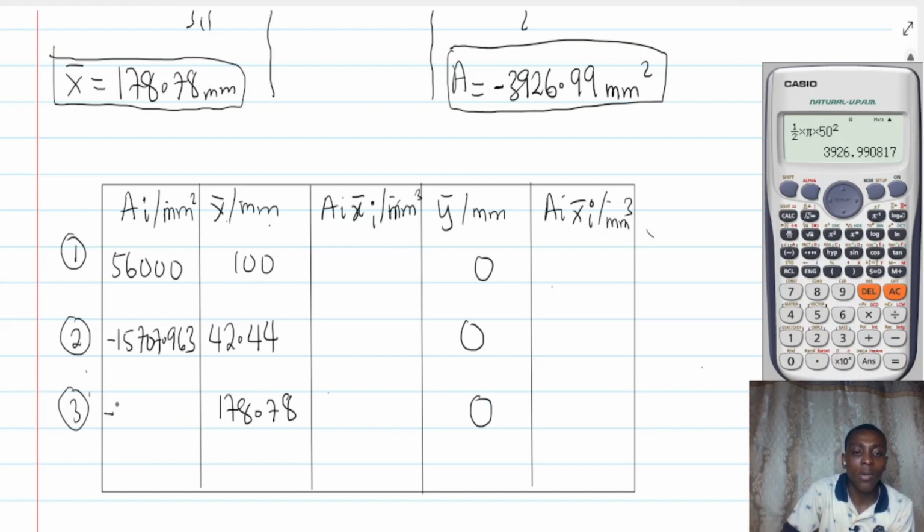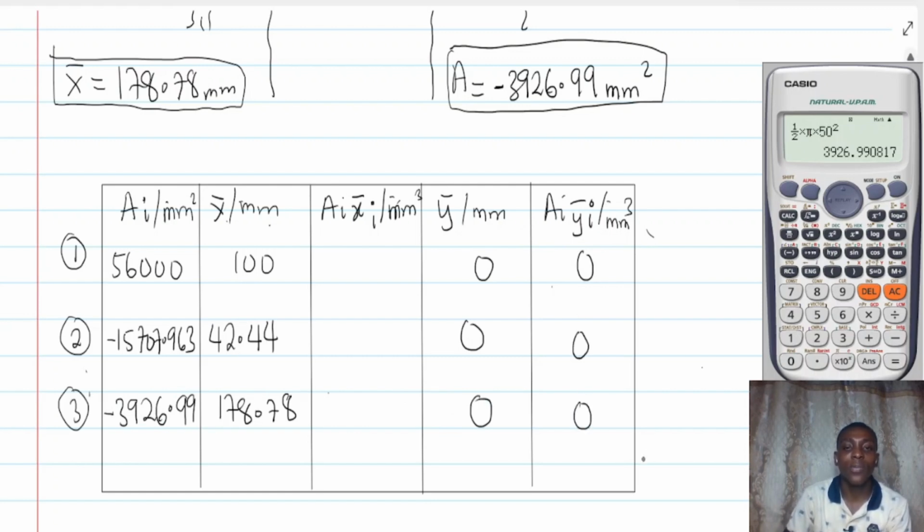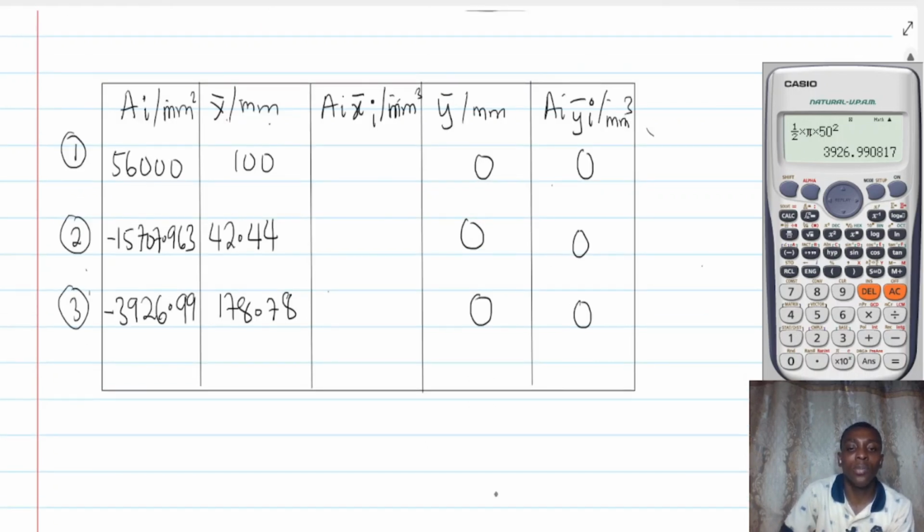Let me write this well. Okay, so we are going to complete the table by multiplying A_i by x bar_i. This one is going to be A_i y bar_i, but it's going to be 0 because we realize that every y bar is 0. So we just have to fill this column.